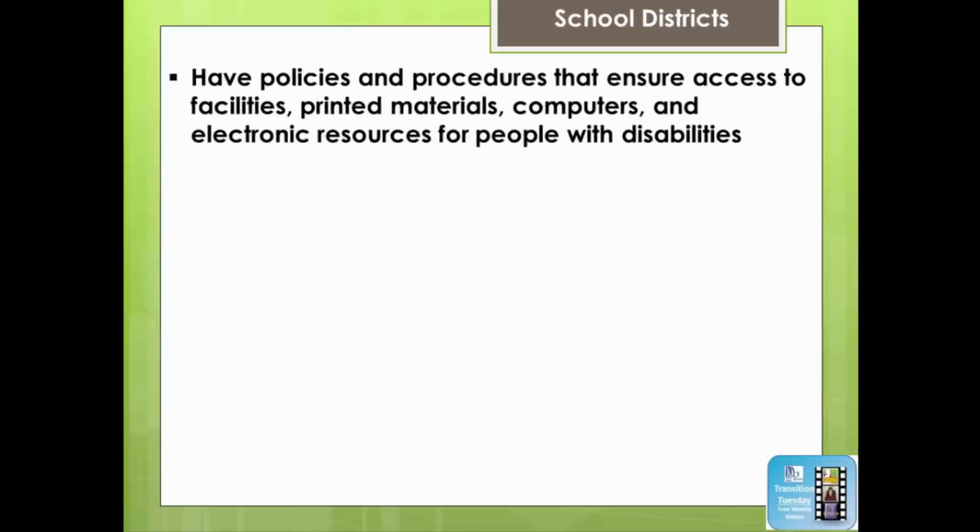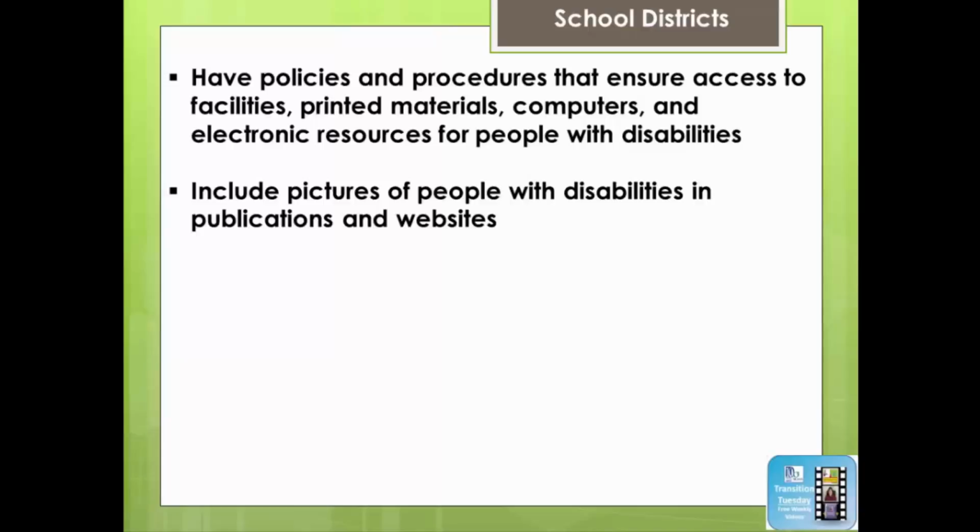Some things a school district would need in order to implement both of these programs would be to have policies and procedures that ensure access to facilities, printed materials, computers, and electronic resources for people with disabilities. Include pictures of people with disabilities in publications and websites.